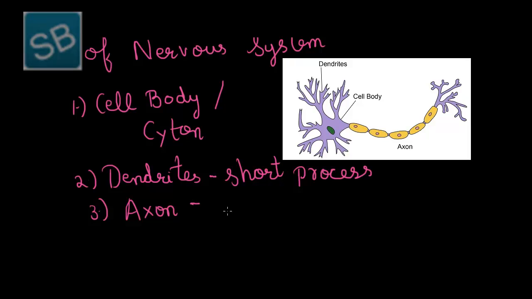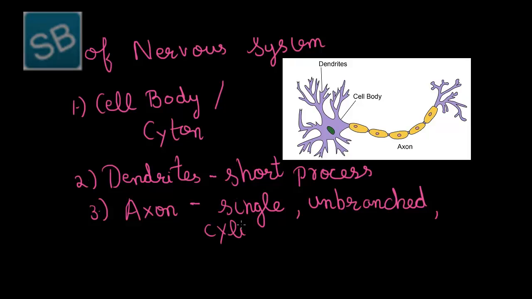As can be seen from the figure, an axon is a single, unbranched, cylindrical structure, unlike dendrites, and the end of the neuron is branched. Thus, the transmission of a nerve impulse in a typical nerve cell moves from dendrites to the cell body and then towards the axon.